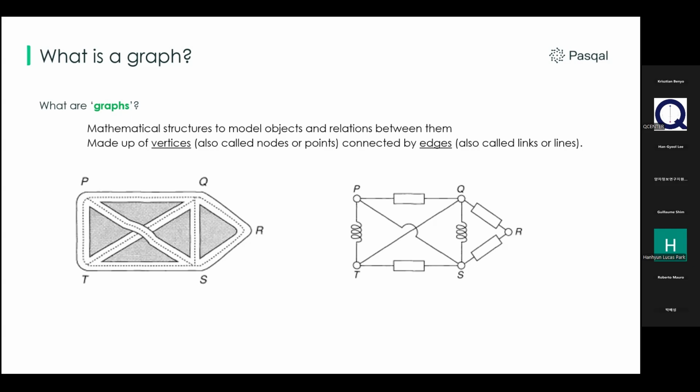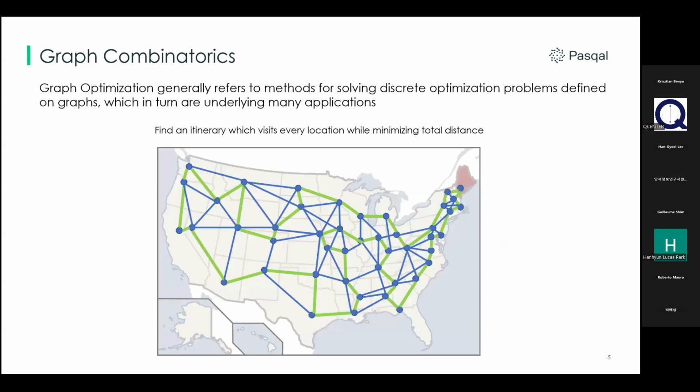For those of you who are more well-versed, for instance, in machine learning, deep learning, or neural network architectures, they are nothing else but large realizations of graphs from an algorithmic point of view. So they are really all around us. Having a better understanding of these mathematical structures is key for us to be able to propose efficient algorithms to solve problems that can be defined on them, or make methods that rely on these structures much more efficient.